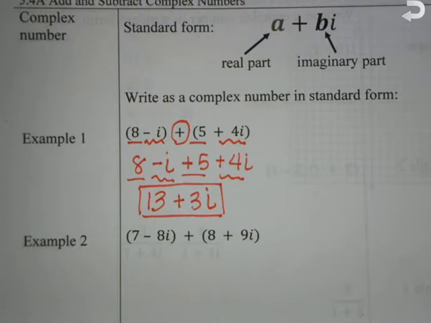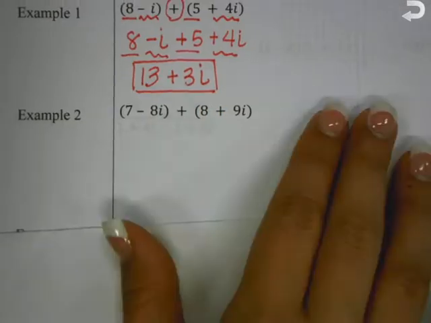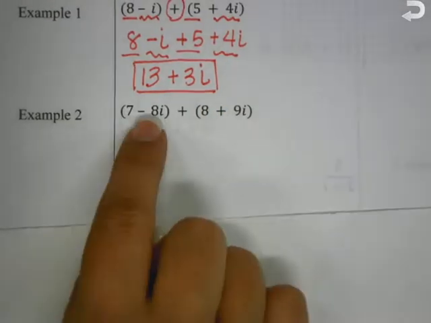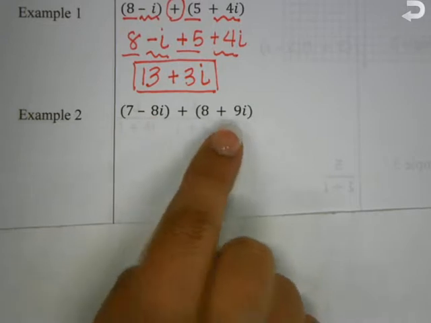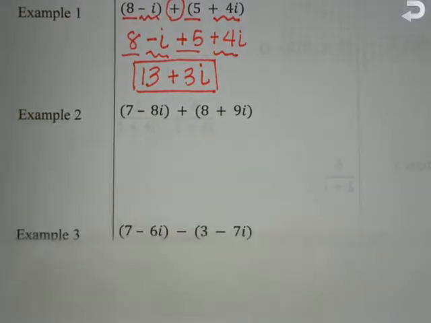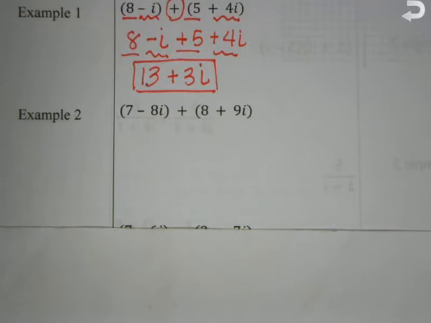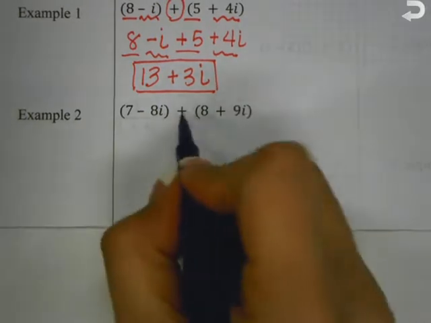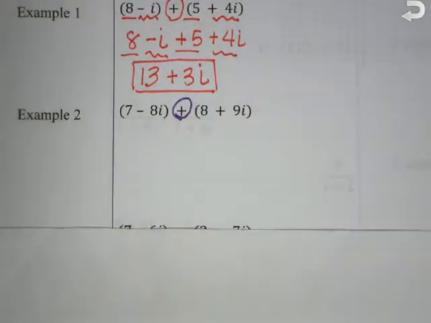Okay, so try this one. 7 minus 8i plus 8 plus 9i. Write it in standard form. Alexis, what am I going to do first? You take out the parentheses. I take out the parentheses. Why can I do that? Because it's just addition, right? Okay, so it's going to give me what, Alexis?